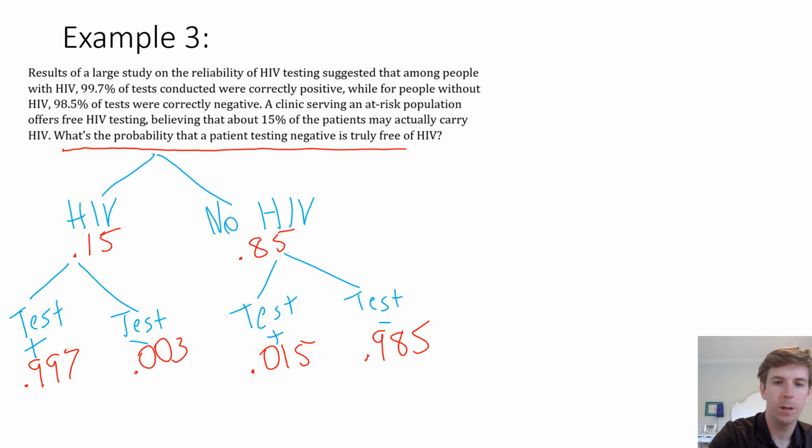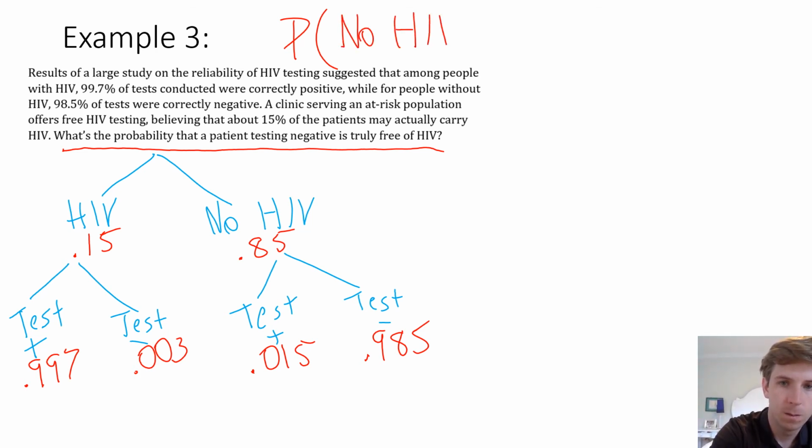So what's the probability that a patient testing negative is truly free of HIV? I'm going to write this out in conditional probability notation. We're looking for the probability that they do not have HIV given that they tested negative.